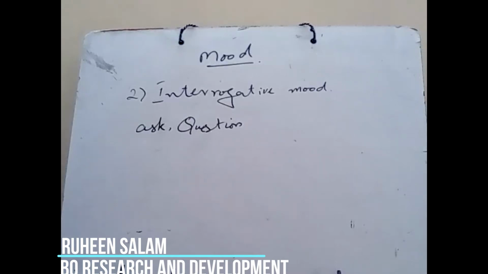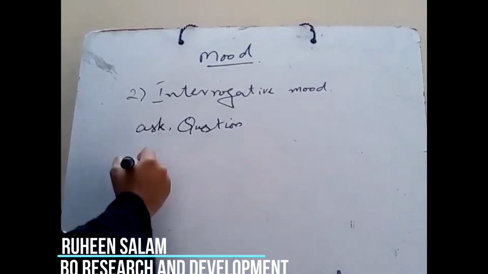So interrogation is concerned with whether the sentence is a questioning sentence or a simple statement. For example, if we say, are you well?